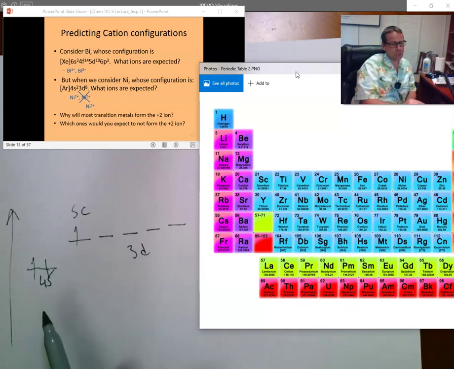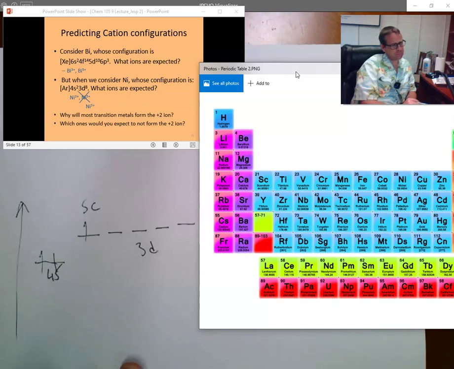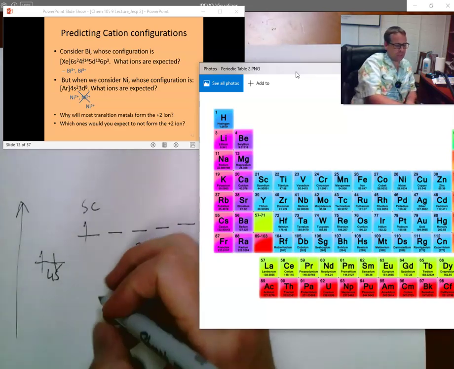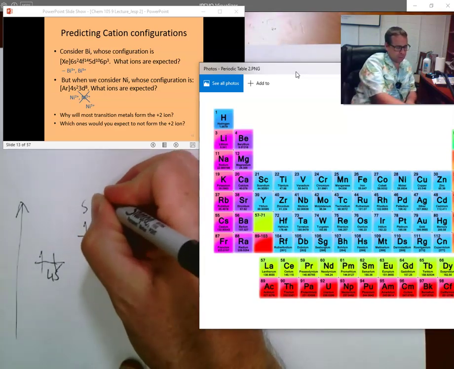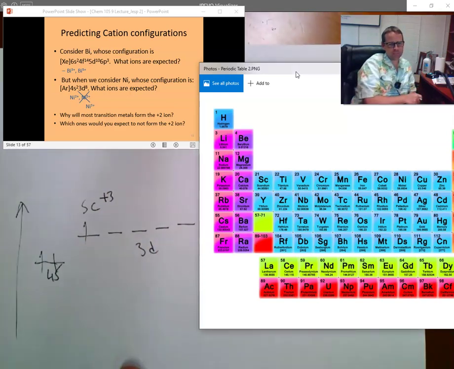What do you think is the only charge that scandium will form? I actually thought the same as Taewon because 4s is full and in 3d you just need to remove one for it to be a balanced subshell. Mm-hmm. That's good thinking. But the answer is actually a +3. It only forms a +3.